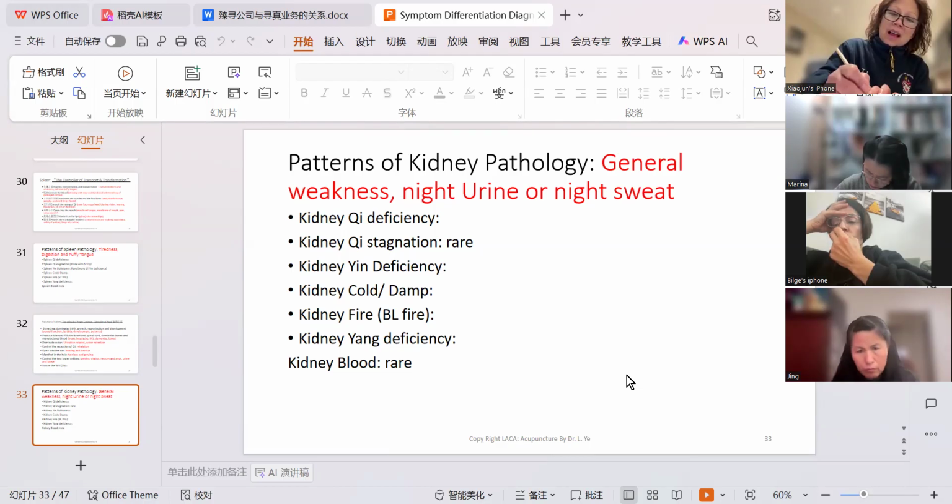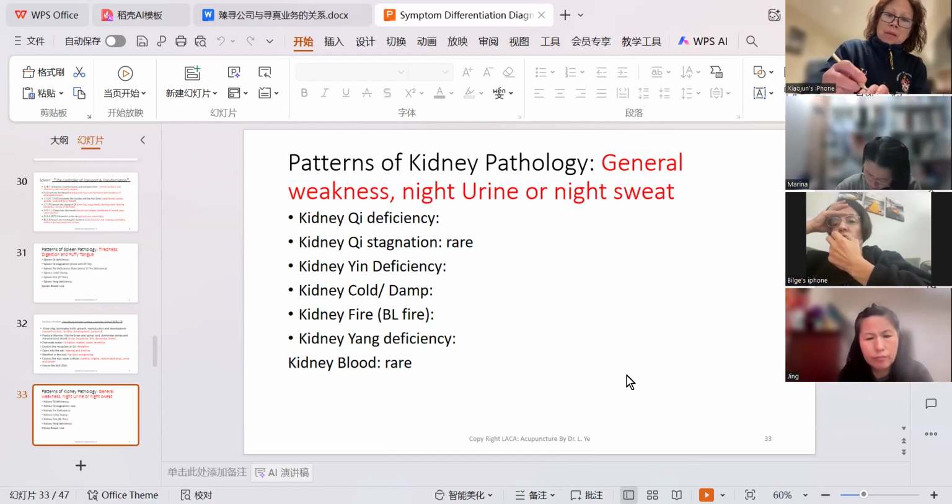Kidney 6 on the left, anti-clockwise, and then kidney 2 on the right, clockwise. Is kidney 6 on both legs or just one? Just one, the left. So left kidney 6 anti-clockwise, right kidney 2 clockwise.